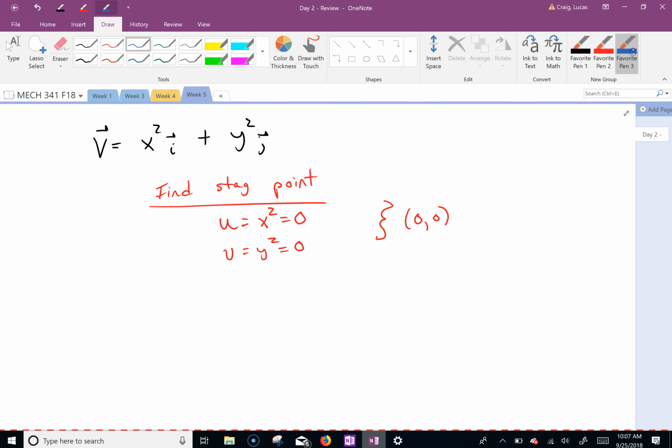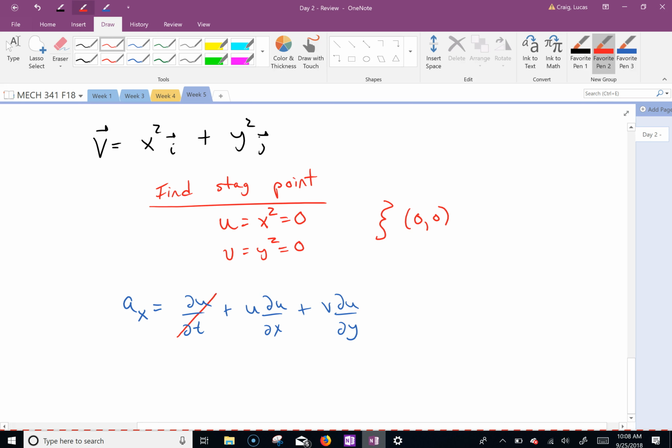Okay, next one was find a x, which is du dt plus u du dx plus v du dy, right? So what can go to 0? Yep.